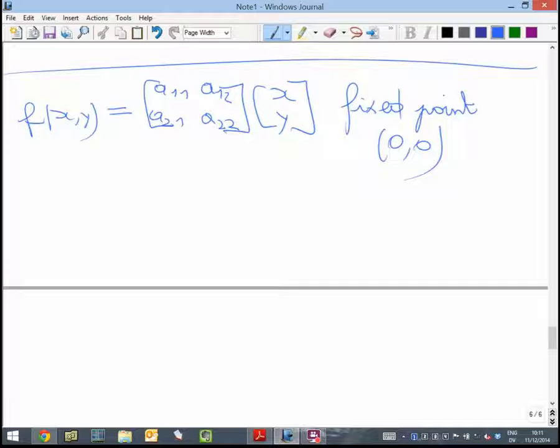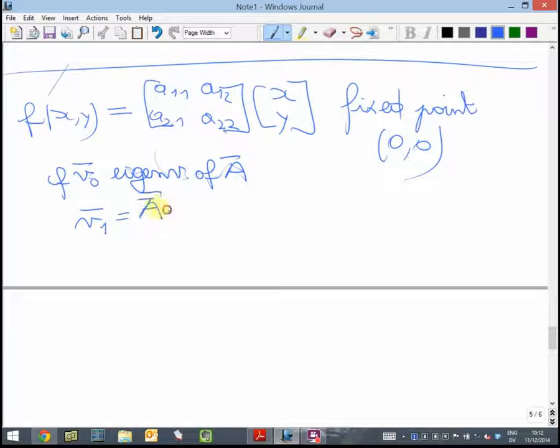Perhaps some of you were thinking about eigenvectors here. Was anybody thinking of eigenvectors? There were people thinking of eigenvectors, and indeed they play a role here, because if, for example, V0 is an eigenvector of this matrix A, then V1, which is A times V0, you can write as lambda V0.